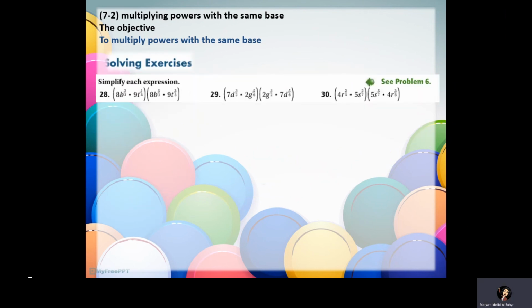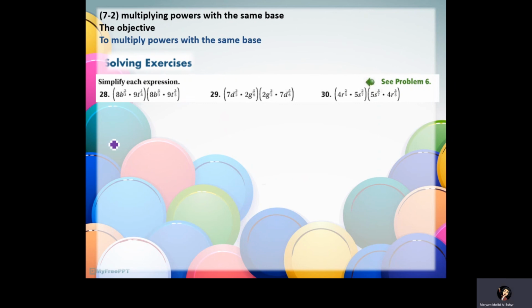If you want to have more problems, this is exactly the same idea. I don't want you to get bored. I'll directly just write for you the answers for these exercises. Make sure that you try them. If you need more explanation, you are most welcome to write. So for question 28, I'm going to write for you only the answer so you can try them.